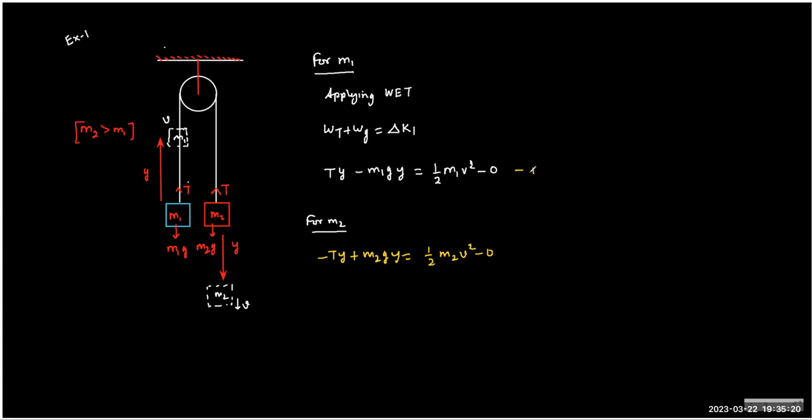And just like you solve the question of laws of motion, we do not want tension in our picture, so we can just add 1 and 2. That will get rid of T, right? So 1 plus 2 implies what? If I add the two equations, I will get rid of tension, right? So what will I get?